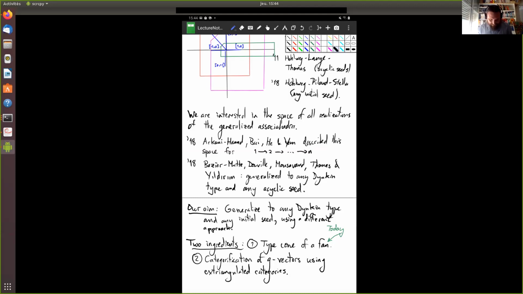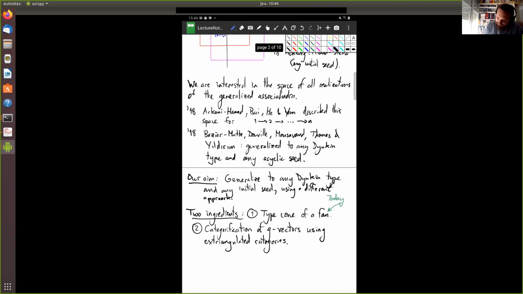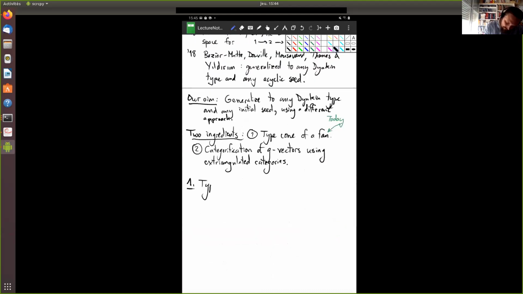Okay, so let's talk about type cones, and let's define everything properly. I'll be working with F a fan, but I want it to be better than just a fan. So it's going to be an essential, complete, and simplicial fan in R^n.